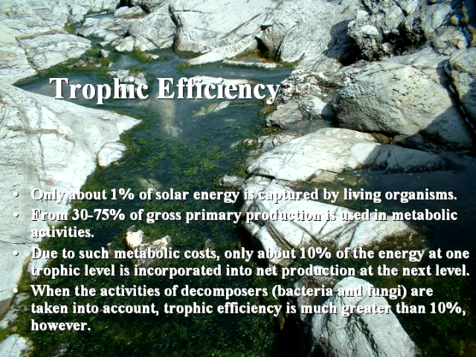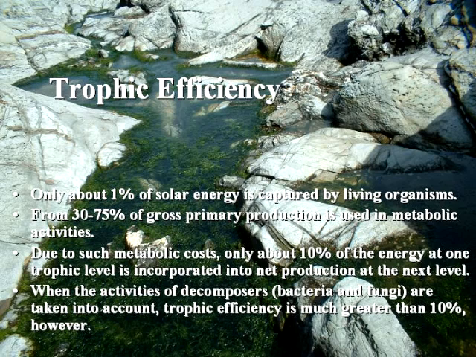And then a good deal of the energy that's captured by photosynthetic organisms is used up in metabolic activities. Estimates are 30 to 75%, depending upon the kind of community and part of the world. Tropical communities can be particularly inefficient at storing energy.